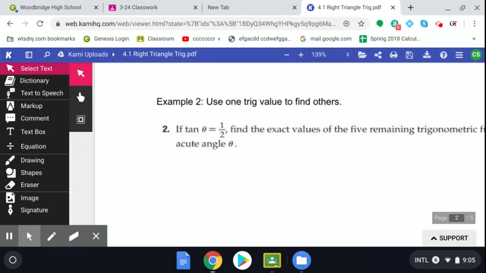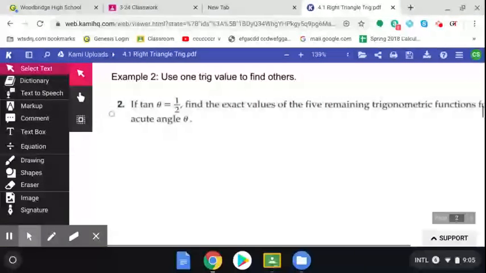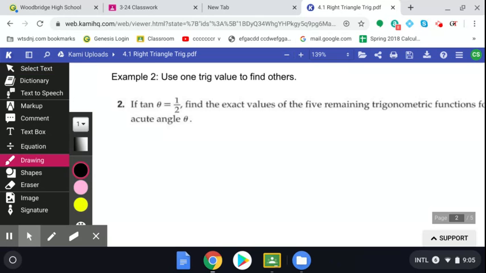Next example, it says use one trig value to find others. So what I'm going to do in this example here, I am going to draw a triangle. It has to be a right triangle because we're only talking about right triangles in this section. So I am going to draw a picture of a triangle. I know that tangent is opposite over adjacent.